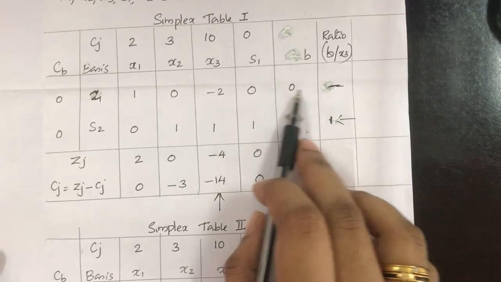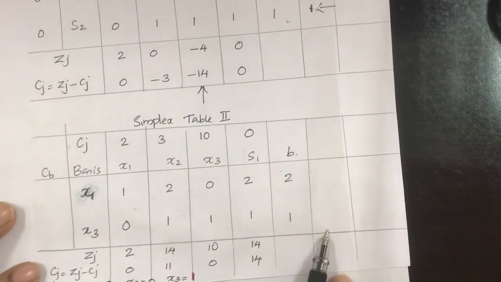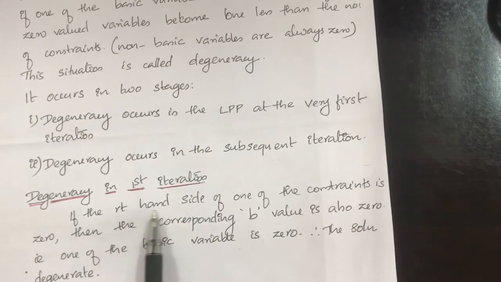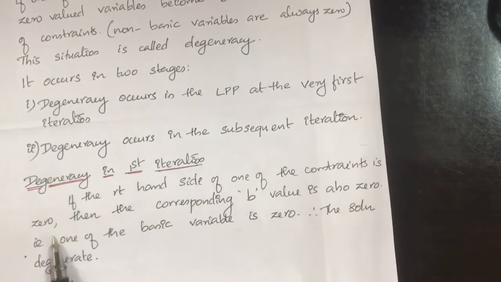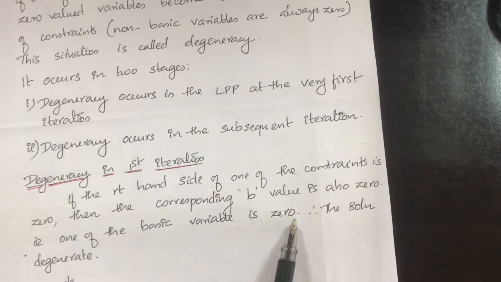Even though degeneracy occurs in the first stage, it can be removed in the subsequent stages. So, if the right hand side of one of the constraints is 0, then the corresponding B value is also 0. That is, one of the basic variables is 0.